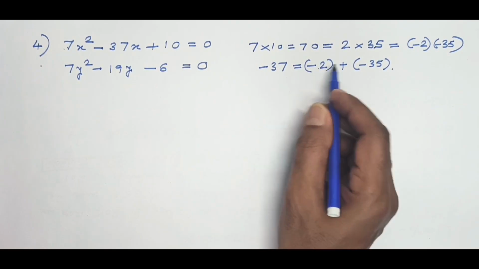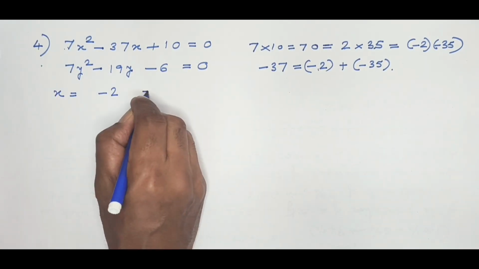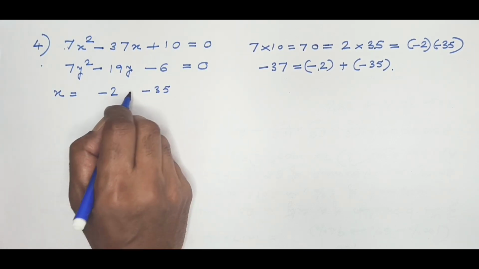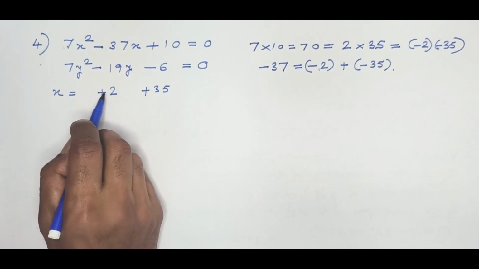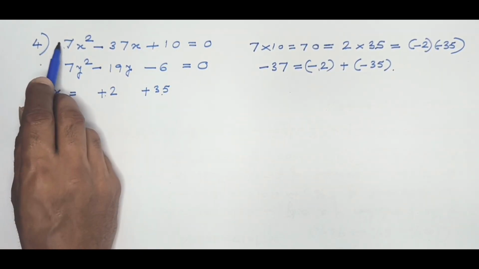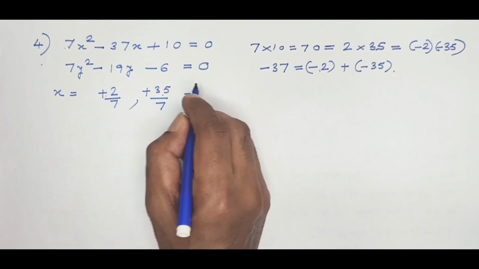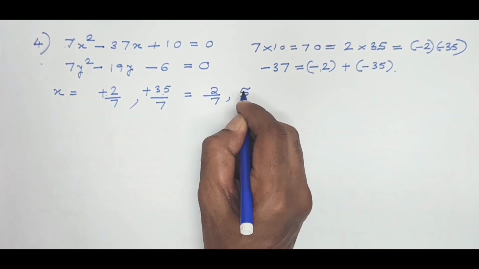So the numbers are minus 2 and minus 35. What is the next step? You change these minus signs into plus signs. What is the third step? Divide each of them by the coefficient of x squared, which is 7. So x is equal to 2 over 7 and this one is 5.